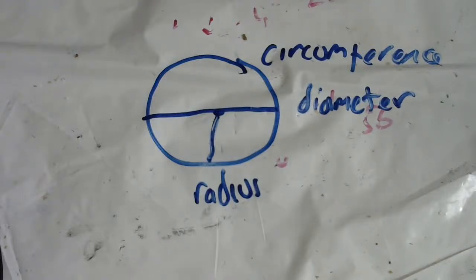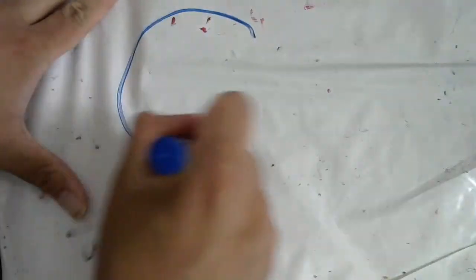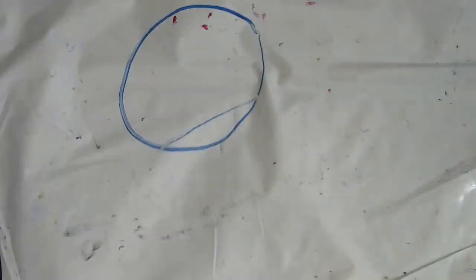Right, let's move on. There are a few more definitions. We're not going to use them much today. Today we're mainly going to concentrate on working out the area and circumference of a circle and parts of a circle. But for next lesson, which is next week, there are a few others you need to know. A line that goes from edge to edge of the circle, through the circumference twice, but doesn't go through the center, has a name.